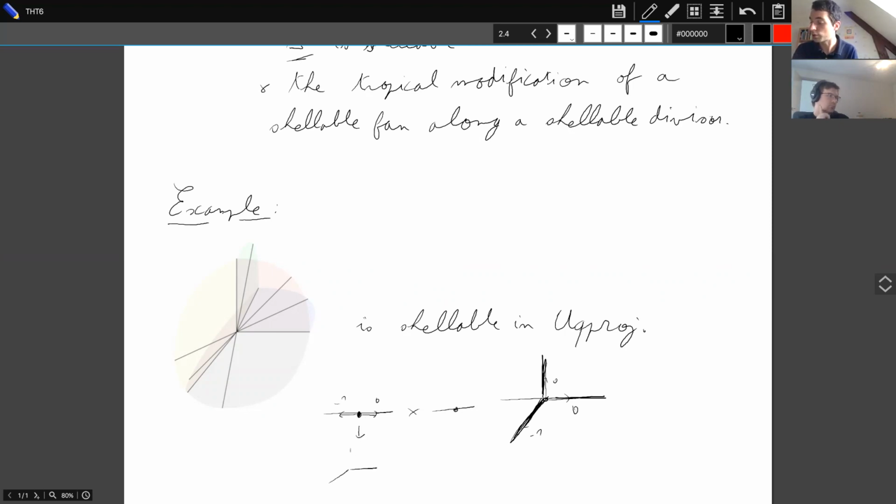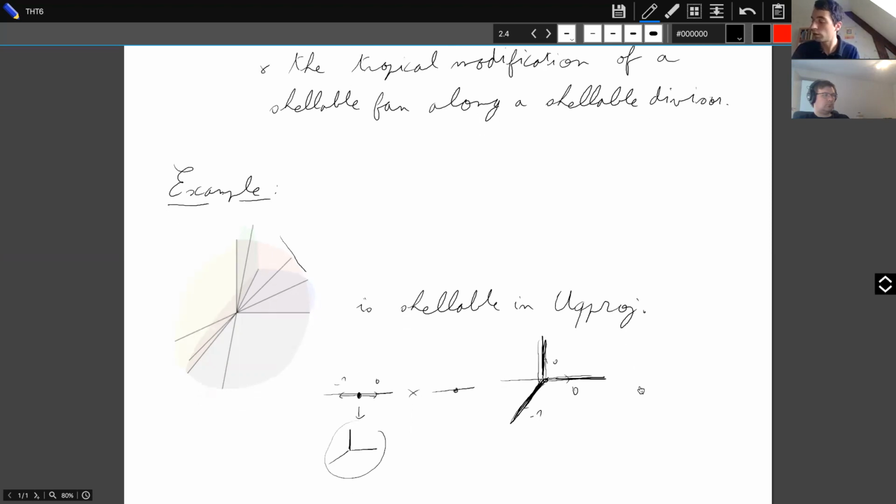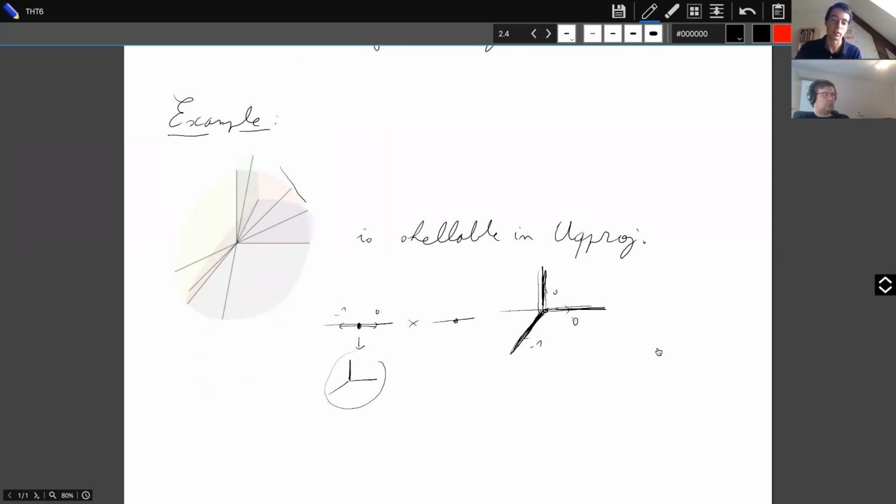So I can do the tropical modification. So this is shareable. And I get this up to some blow up. But I can do the blow ups because here the star fan is just a line or a point, etc. Okay, so we can reach many fans a priori. But can we reach any interesting fan?